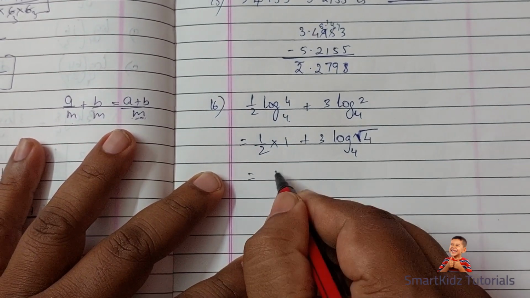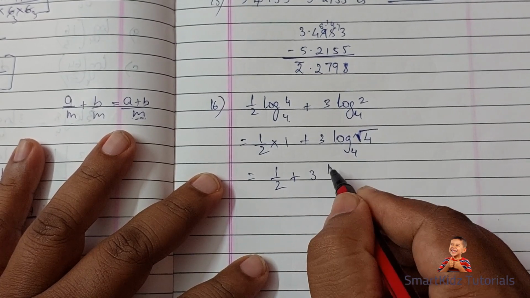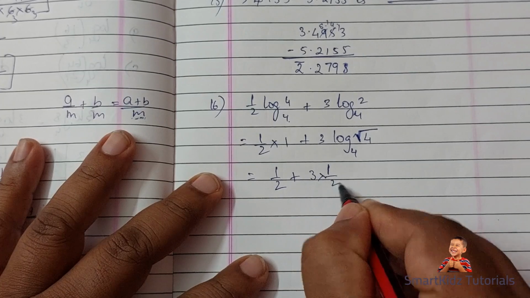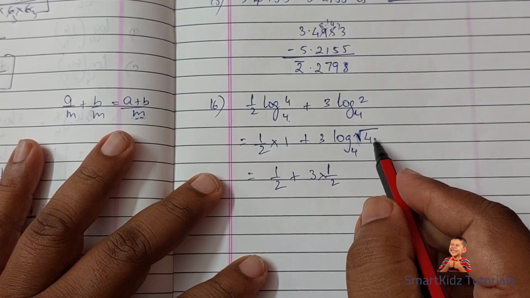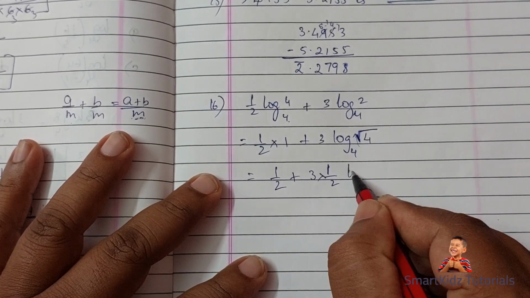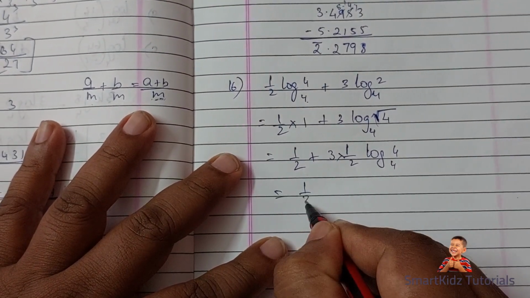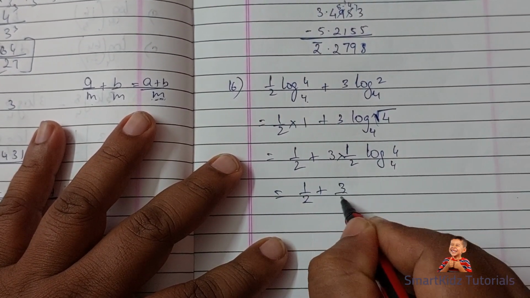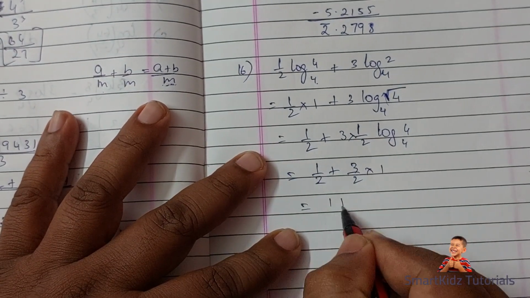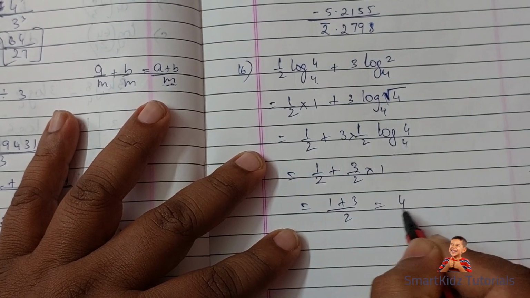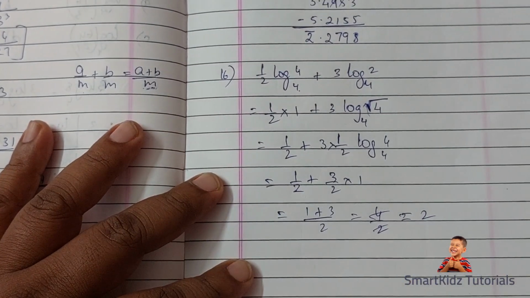This will be half into 1 is half plus 3 times, and we'll multiply this by half because power of square root is half. So half into log of 4 to the base 4. And this will become half plus 3 upon 2 into 1, which is 3 upon 2. So we can write this as 1 plus 3 upon 2, which is 4 upon 2. And the answer is 2.